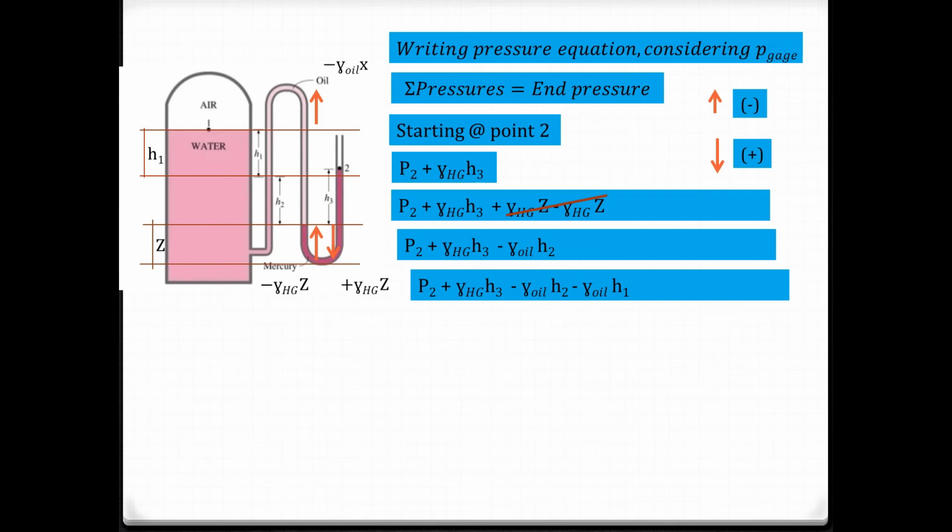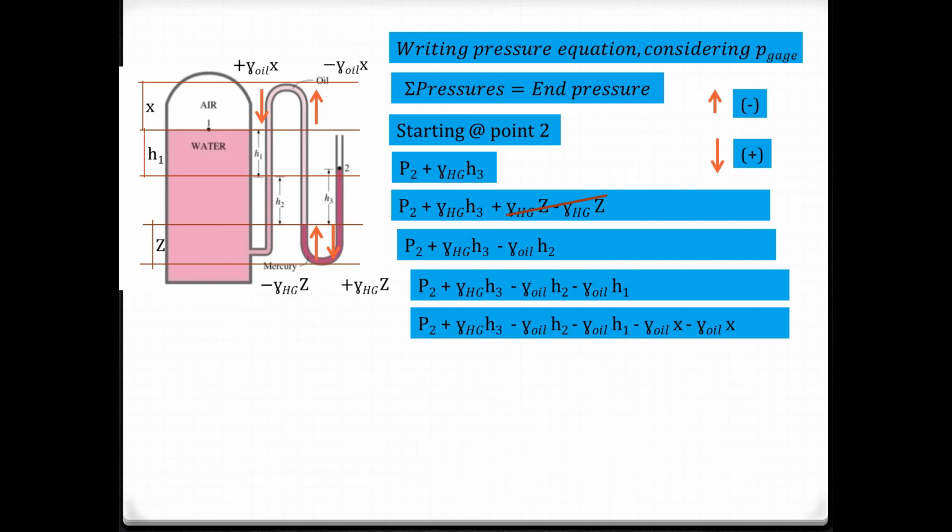So that corresponds to negative gamma of oil times X if this dimension is labeled as X. And consequently, again, we have the same expression with different sign, reflecting that into the equation.